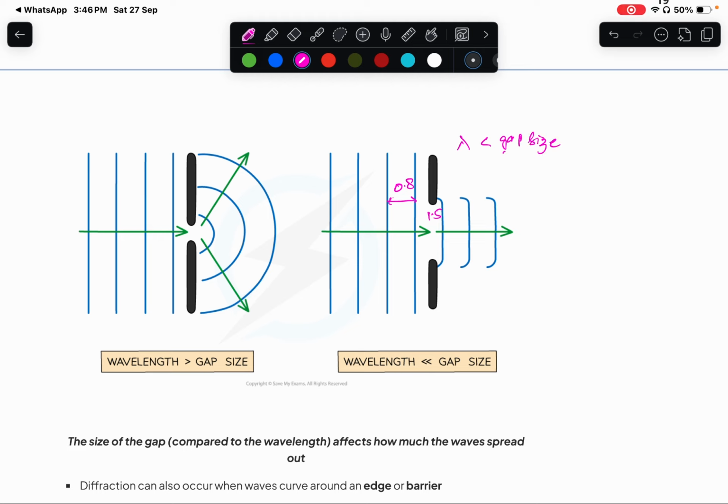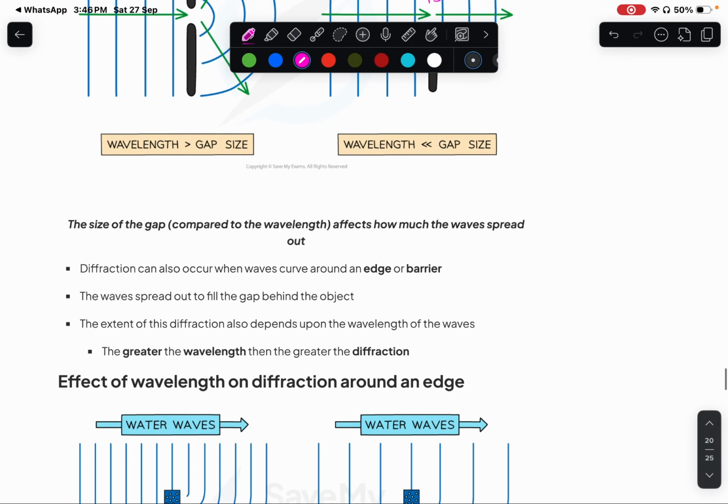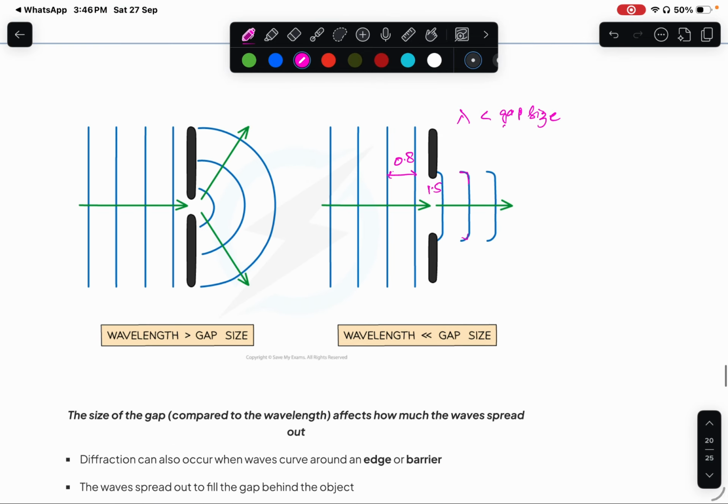Okay, in that case, you would see the wavefronts are bending at the edges only. These are the edges, and the middle or the center of the wavefront is still passing quite straight, right? And if we further increase the gap size, so it is even very much bigger than the wavelength, then the wavefronts may pass straight.